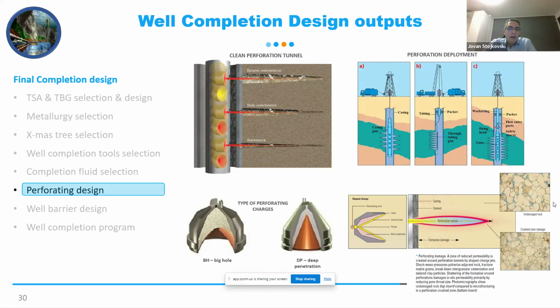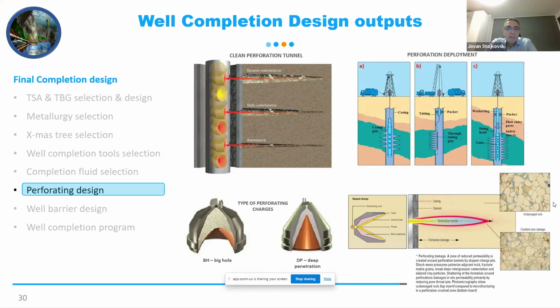I will just say that we have a basic division between the deep penetration type of perforation charges, which we use to penetrate through the casing and inside the formation, and another type of charges called big hole. Deep penetration we use when we have a natural flowing well without sand control, but the big hole we use to create a big hole in the casing, when we need to run sand control screens and do gravel pack and have a much bigger inflow.